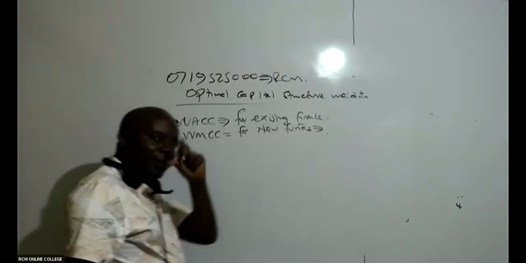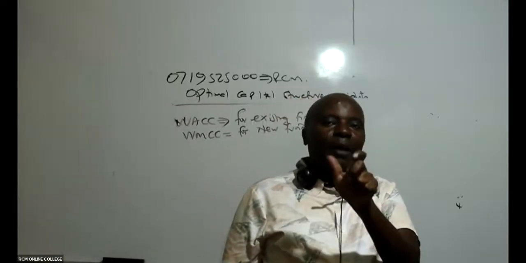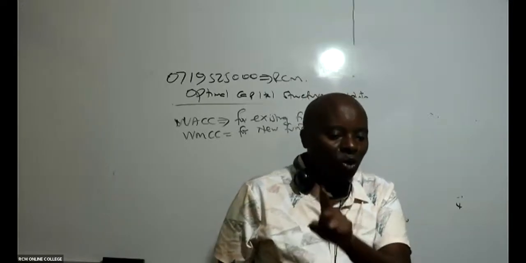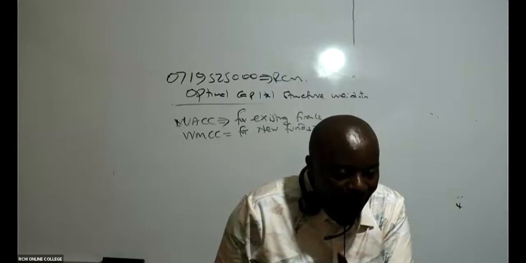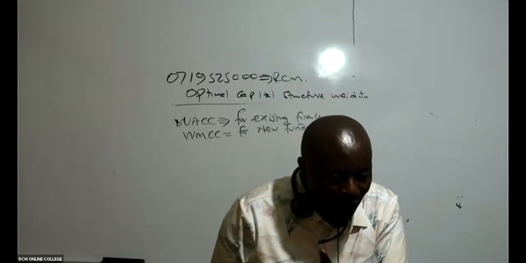Marginal means incremental. Why is this cost of capital going to increase? It's because of new projects, because of new funds. WACC is for existing projects and the WMCC is for new projects.